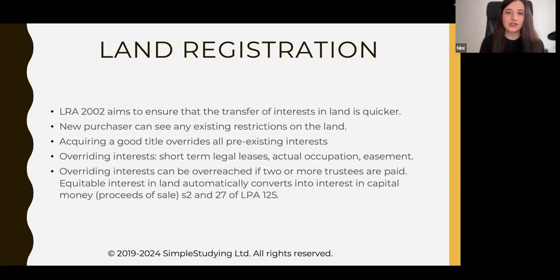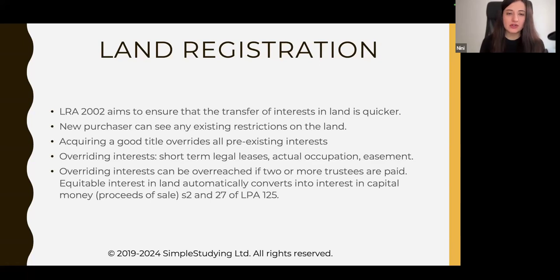Everything is on the land register unless it's an equitable right. But there are some legal interests in land that do not need to be registered. For example, a legal lease for less than 7 years does not need to be registered, and it can exist as an overriding interest.